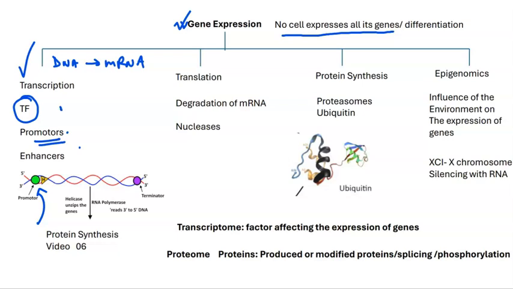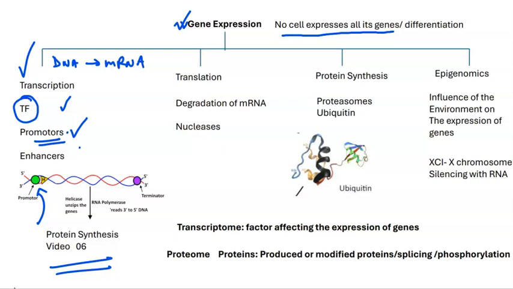So there's a multitude of transcription factors from the environment of the cell interacting with the promoters, turning genes on, turning genes off, and we took a look at that in protein synthesis video 6.